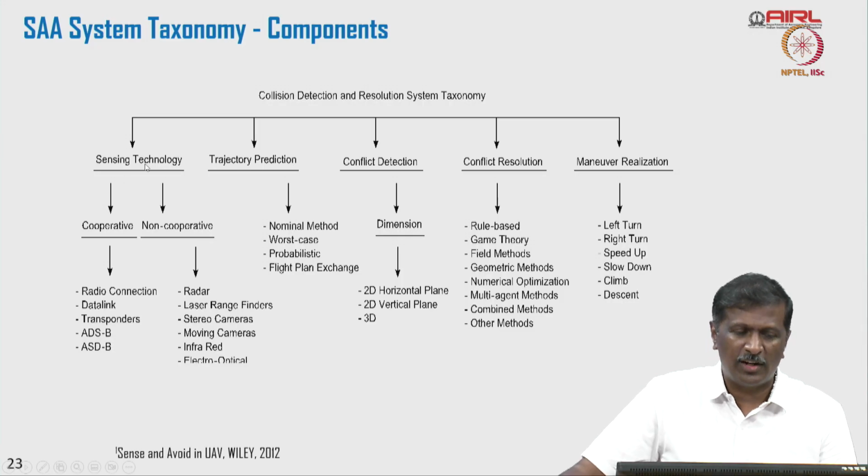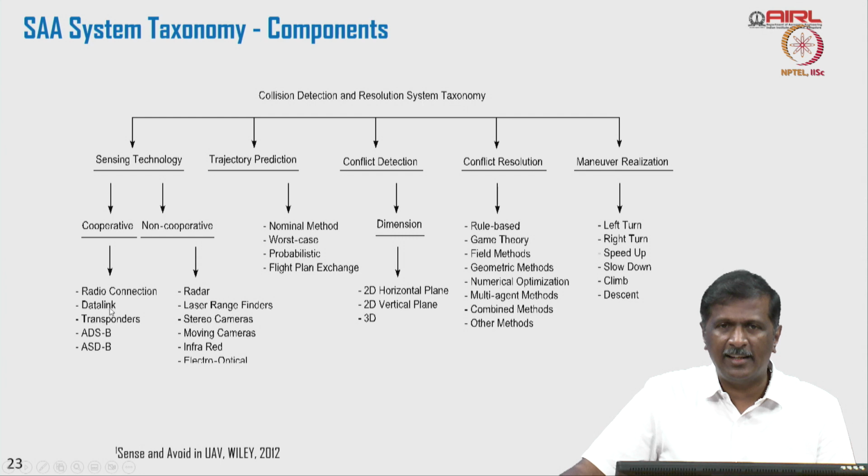Just sensing alone is not sufficient, right? What are you trying to sense? You are trying to sense targets which could be cooperative or non-cooperative. Cooperative means I can use radio communication to talk to him, to understand his heading. I may need a data link to transmit the data between us, or I may need to use ADS-B kind of data so that I can pass the trajectory between us and we can manage.